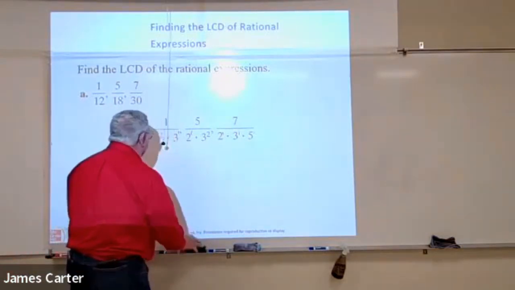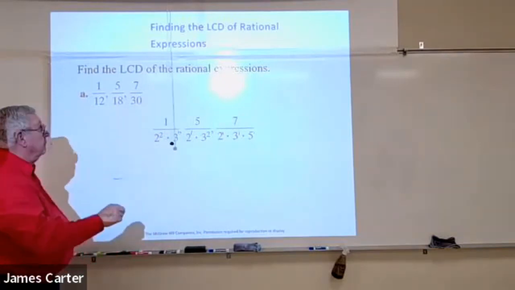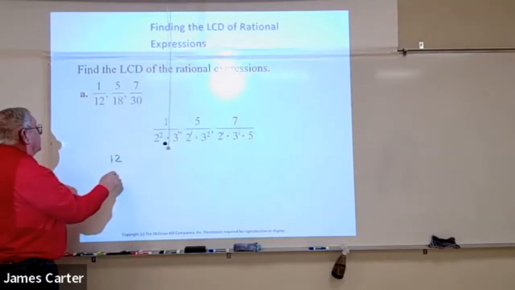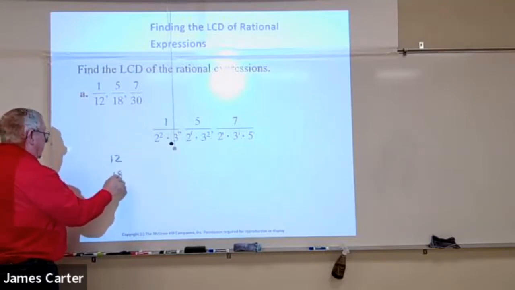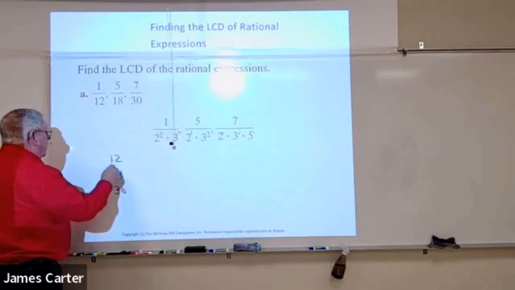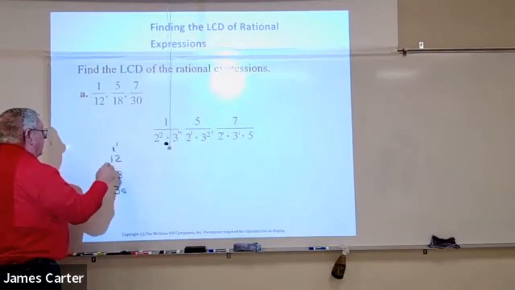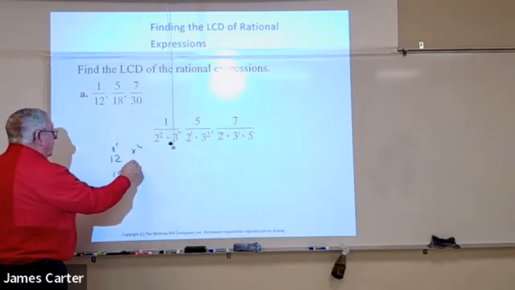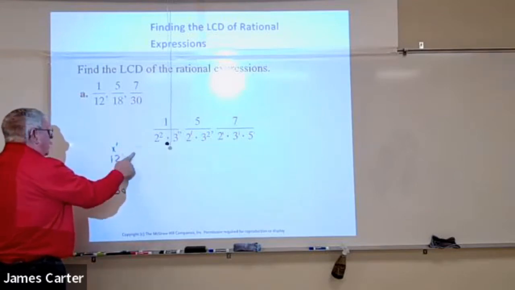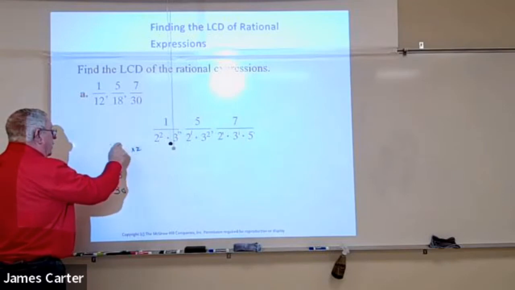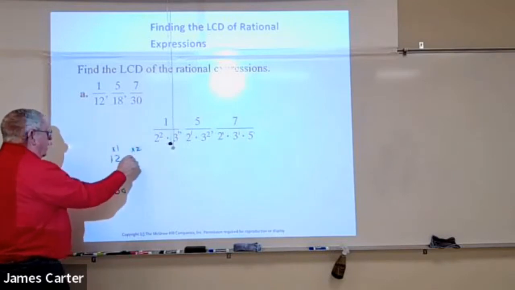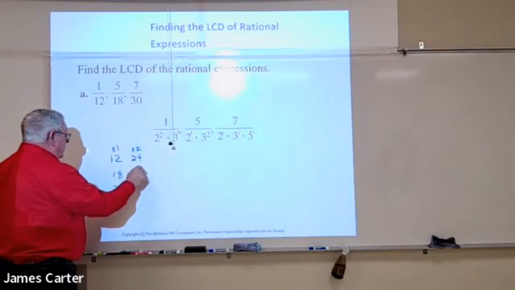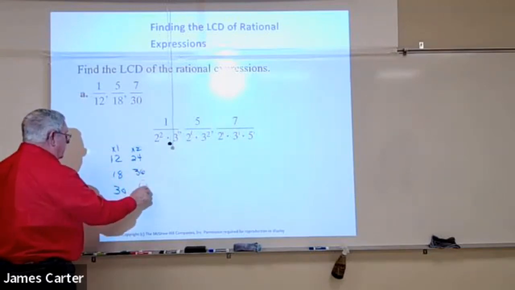There is another way of doing it. It's called list of multiples. I don't recommend this one. Okay, times 2, you would have 24, 36, and 60.